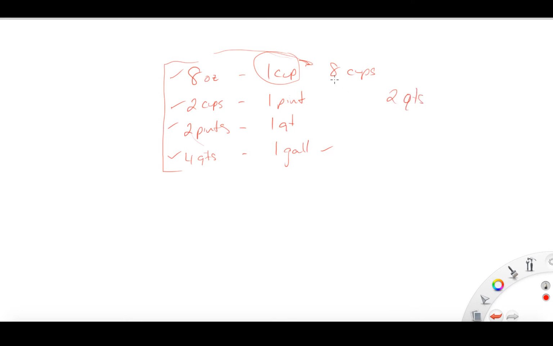Okay? So 4 cups is equal to 1 quart. So if he has 8, that has to equal 2 quarts. Okay? So it's just using these types of charts to figure out the measures. Okay? You know what's next.